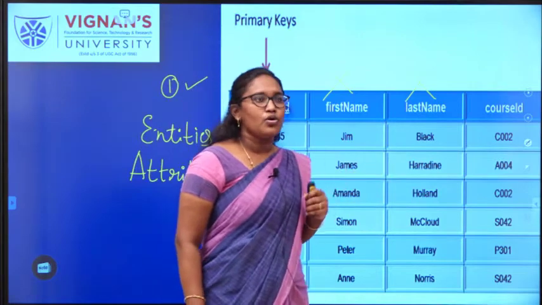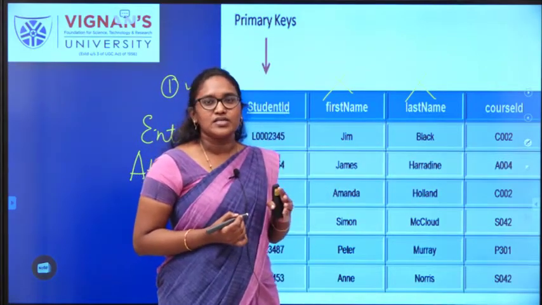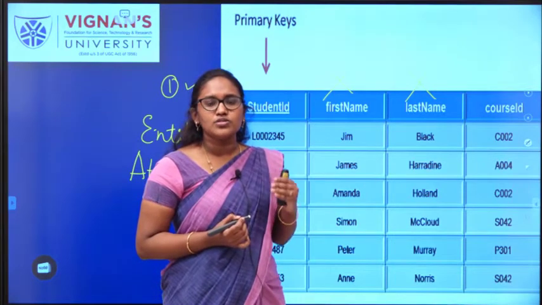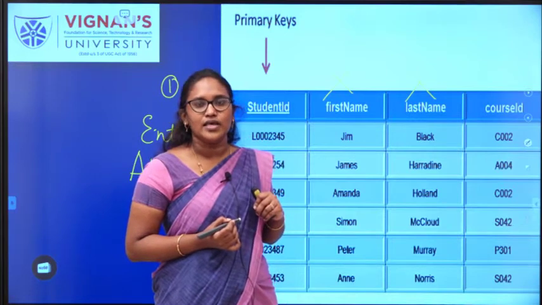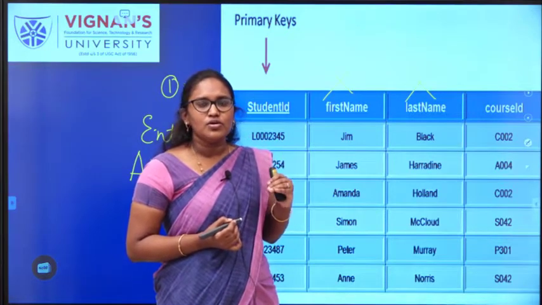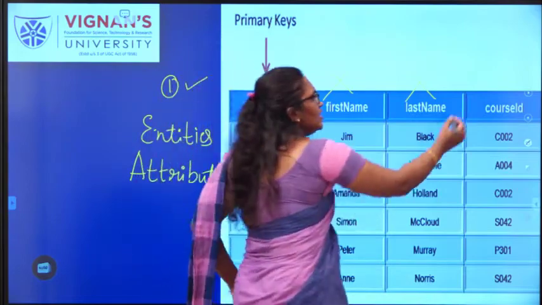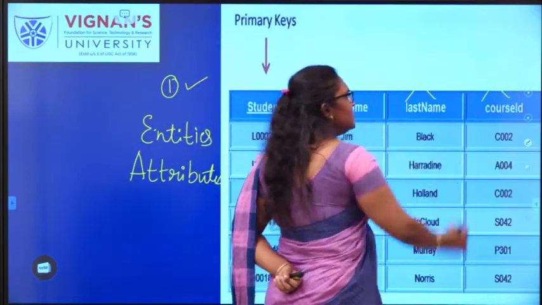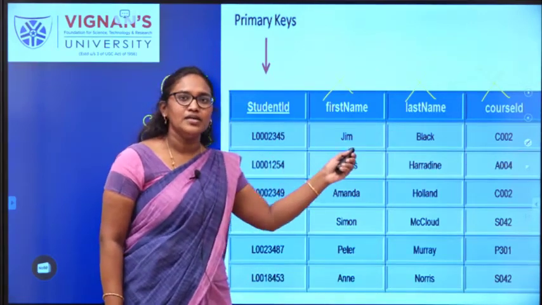So what about the course ID? If you consider that all the students are registered under one course, then for the same course you will have the same course ID. That is the reason it is also not considered a primary key. So this is about the primary key.